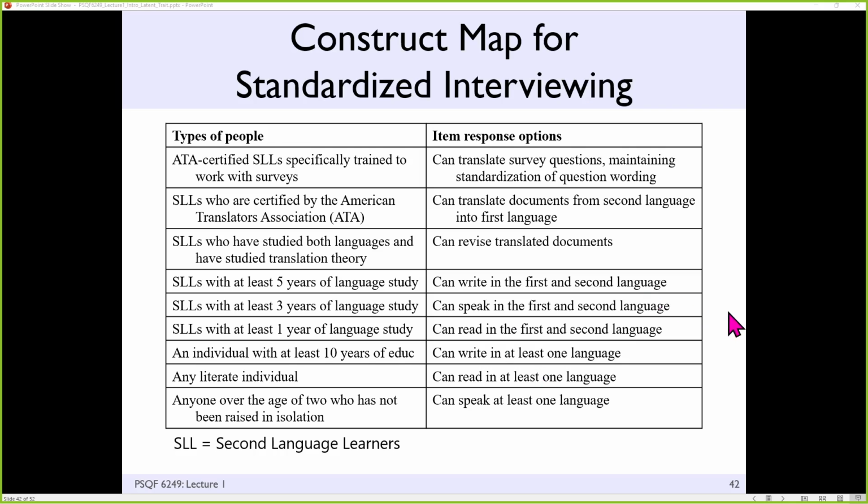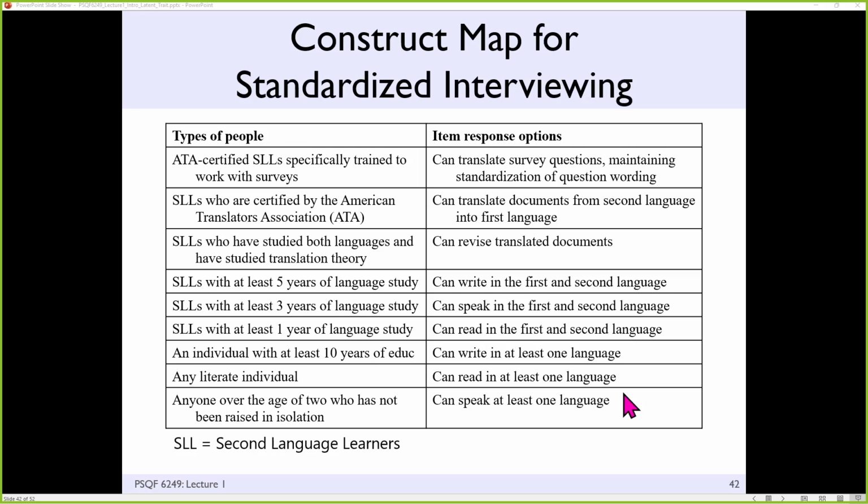Also, in the same vein, someone from the survey research program talked about skills in translating. You can think about people who are trained to do translation or standardized interviewing, where the top of it is someone who's certified, the bottom of it is someone who at least knows one language, and then these are all the various types of items that you can do at varying levels on this trait.